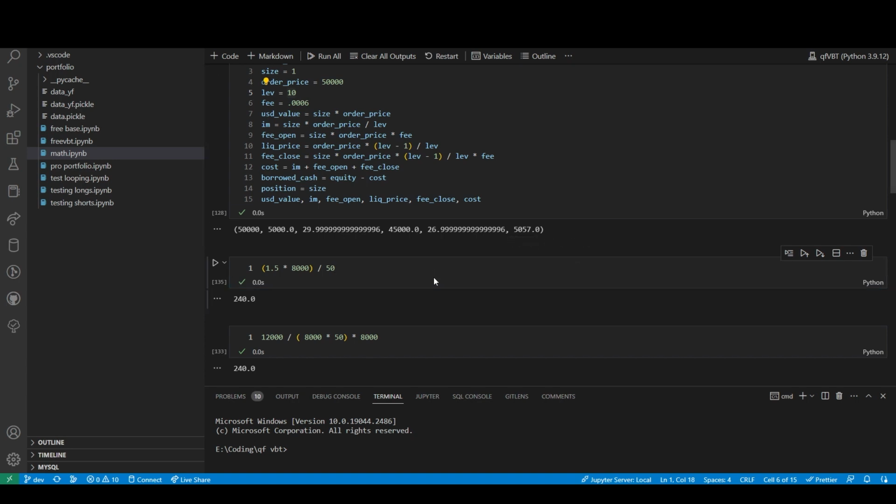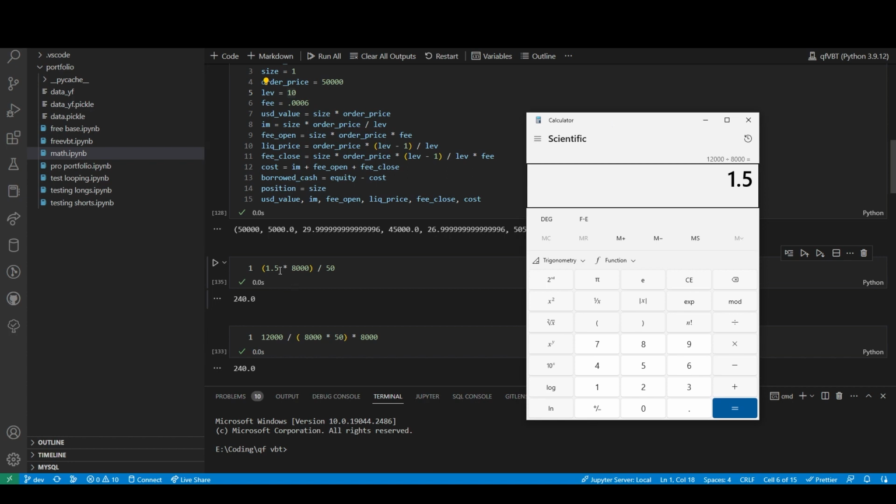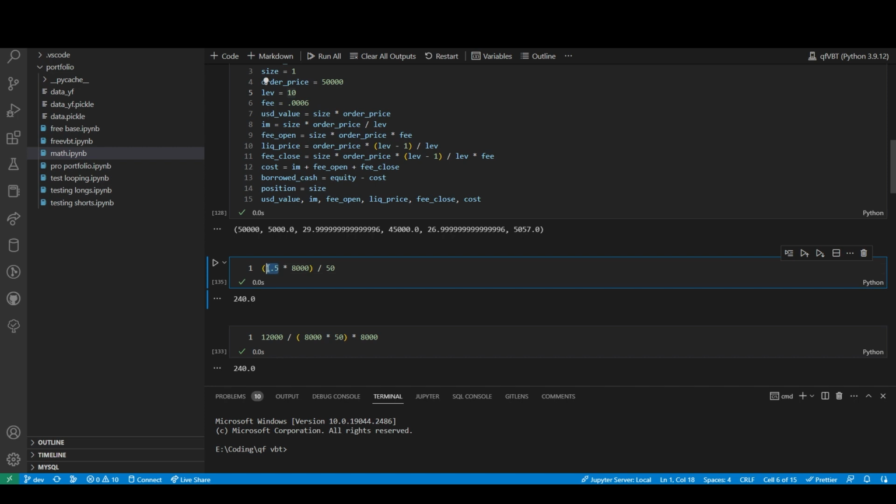So I would have to do 12,000 divided by 8,000, which gives me 1.5, times 8,000 divided by 50, which gives me my initial margin.